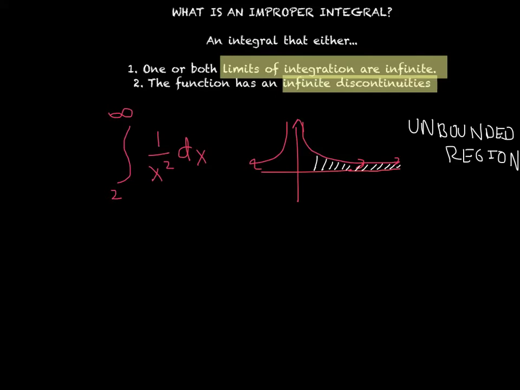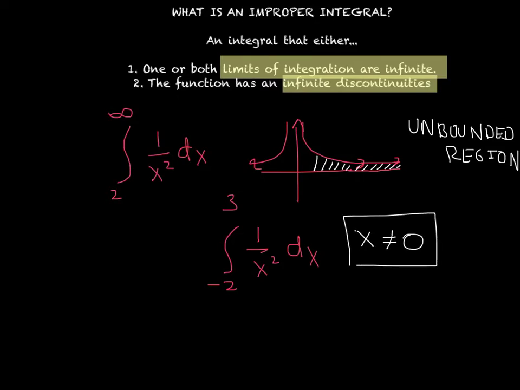Or another example of an improper integral would be, let's say we integrated this same function from -2 to 3 of 1 over x squared. Well, that's a problem because x cannot be equal to 0.